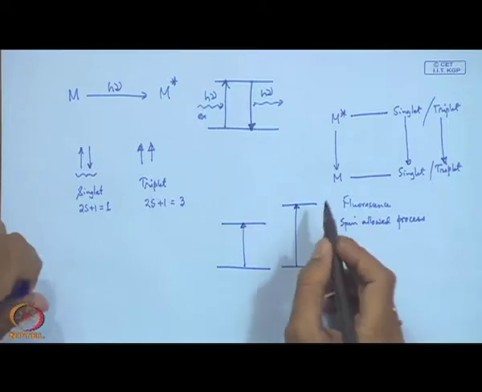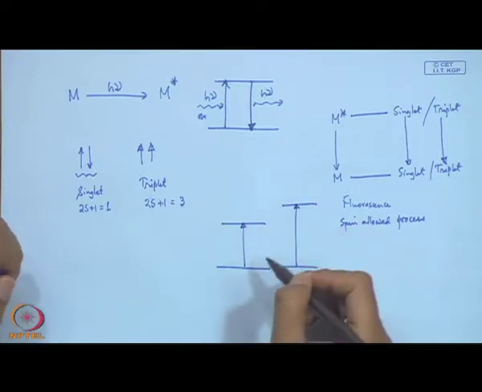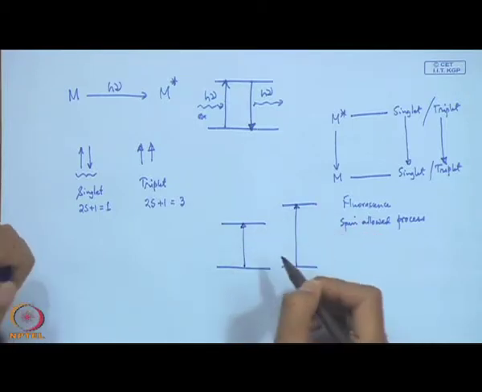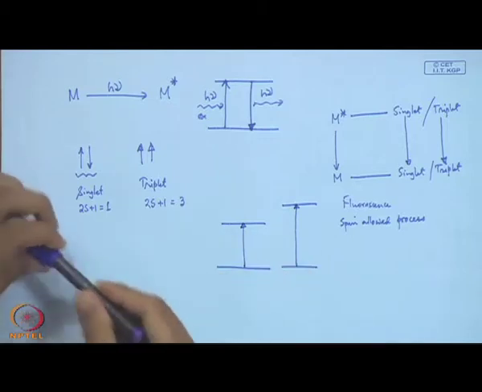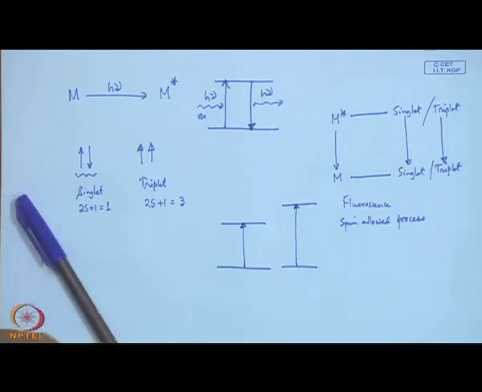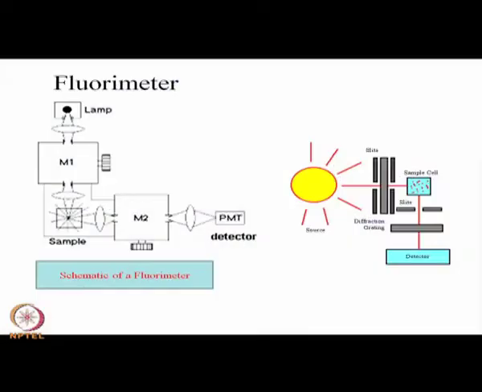So, we need to tune this excitation gap means we need to have a device that will allow the sample to get different excitation. That means we keep on changing the excitation source and we correspondingly measure the amount of light that is coming out of this sample.